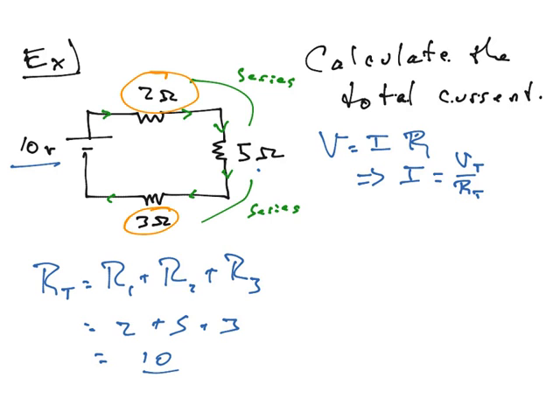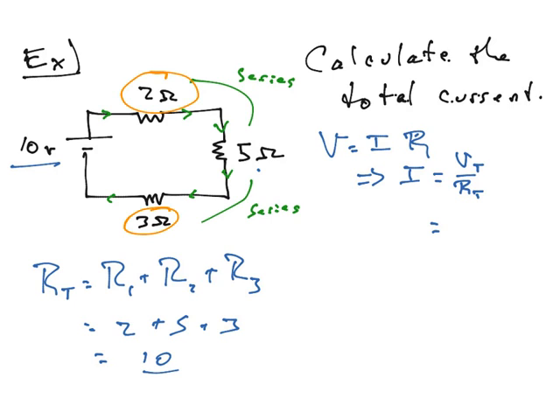This would get you into trouble if there was something else going on before. So maybe there's a parallel thing over here, in a more complicated thing. Then I cannot do the 2, the 5, and the 3 because this parallel weird thing over there is in the way. However, for what we have, it's perfectly fine adding all three of these together. I get a total resistance of 10.